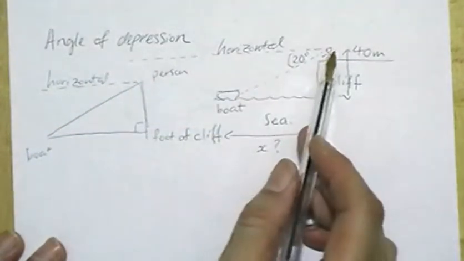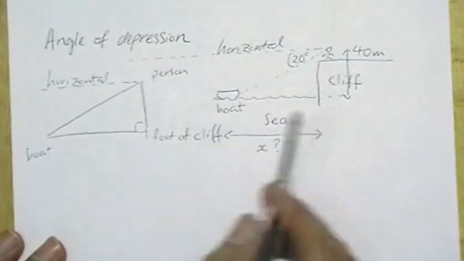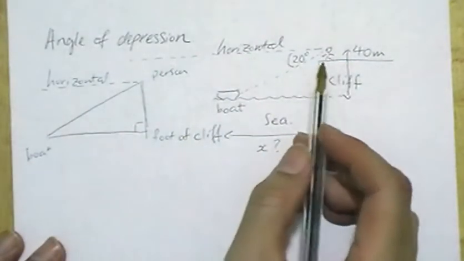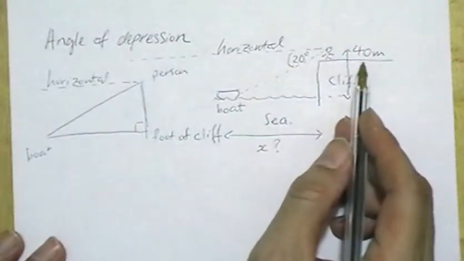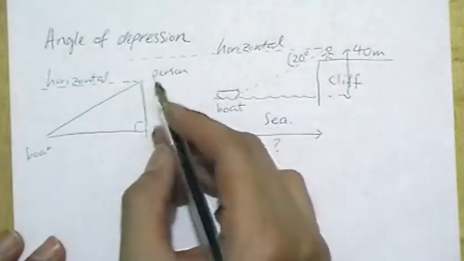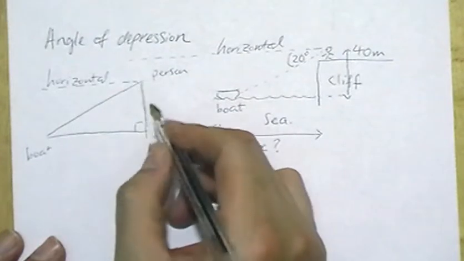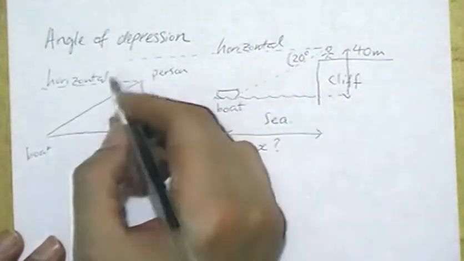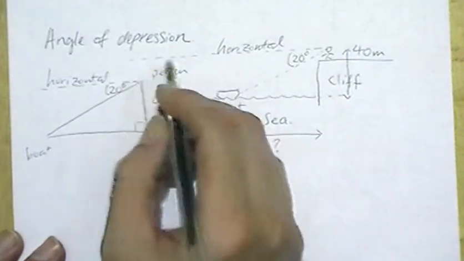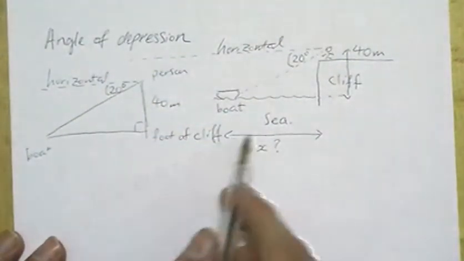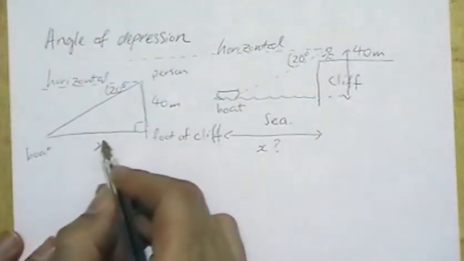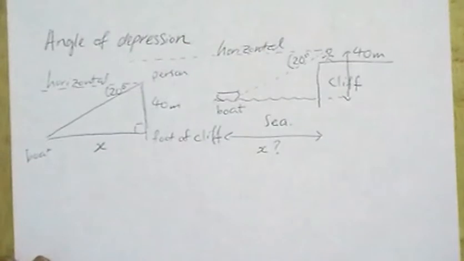So I've left out pictures of the person, the boat, and the cliff and the seawater, and just have a simple triangle. And let's put in the numbers. So that height is 40 meters. That angle of depression is 20 degrees. And x is this distance, which we want to find.